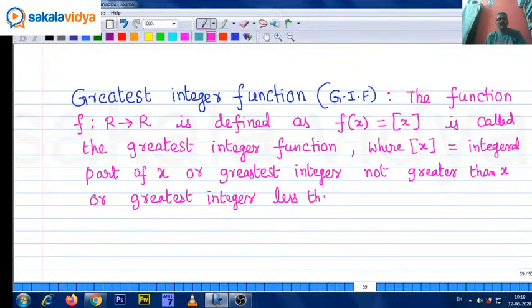Always it will be less than or equal to x. That means the integral part of x is less than or equal to x. Always you remember like this.